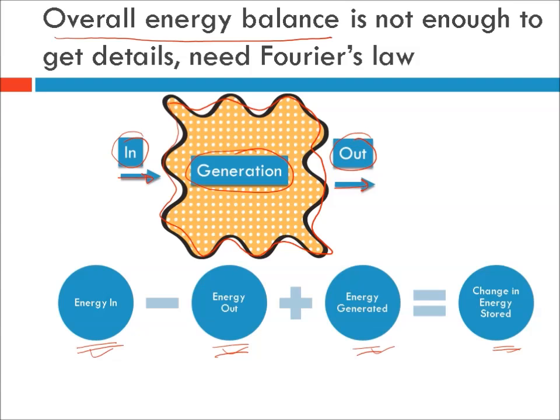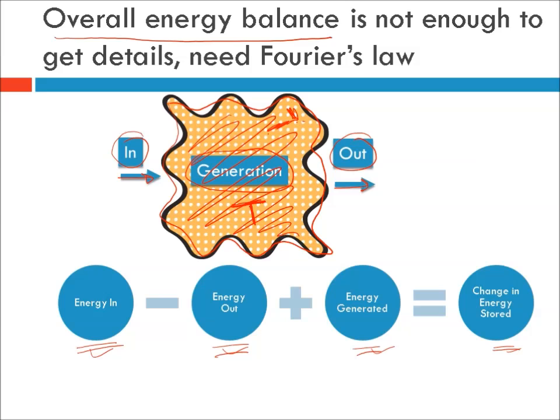However, you notice that when we did these problems, we had only one temperature for the entire domain. Now, in most systems, temperature is going to vary from one location to another, and the heat flow is going to vary from one location to another.